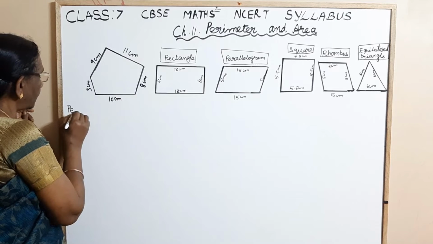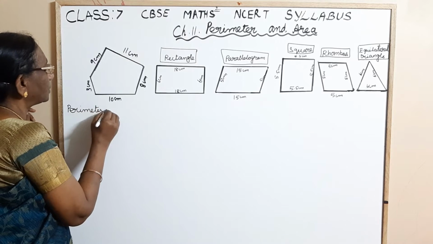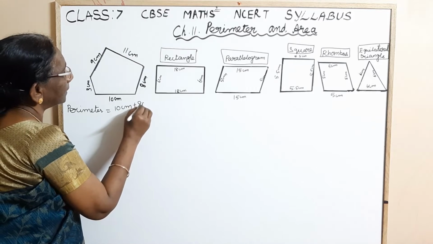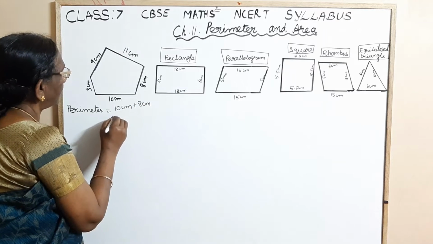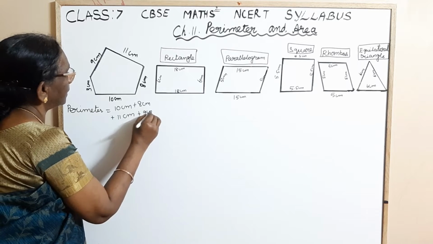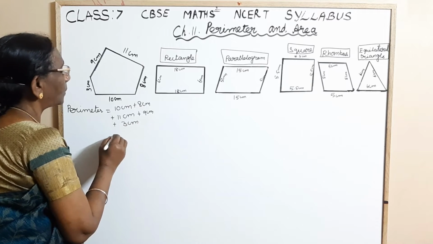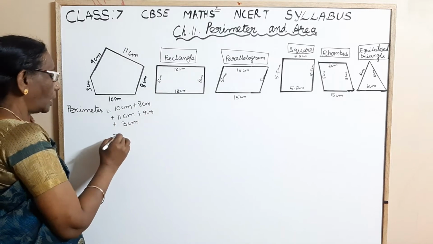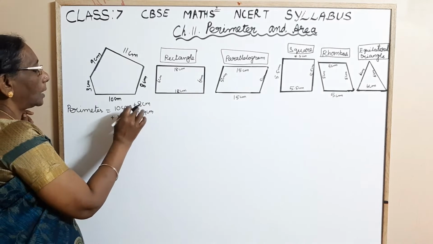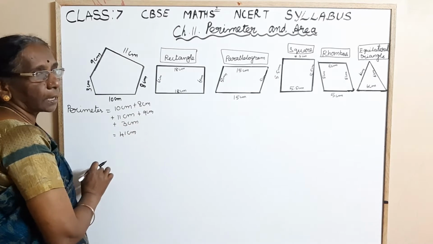So, perimeter of this shape is 10 centimeter plus 8 centimeter plus 11 centimeter plus 9 centimeter plus 3 centimeter. Let us add. How much are you getting? 41 centimeter. 18, 29, 38, plus 3, 41 centimeter.